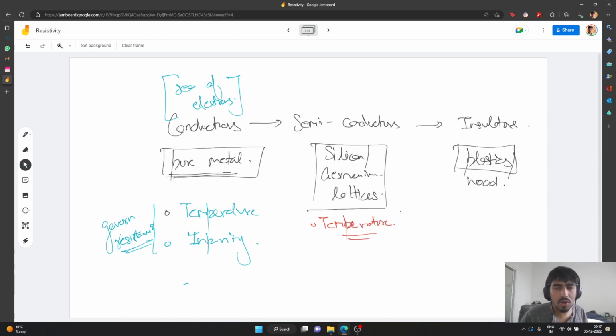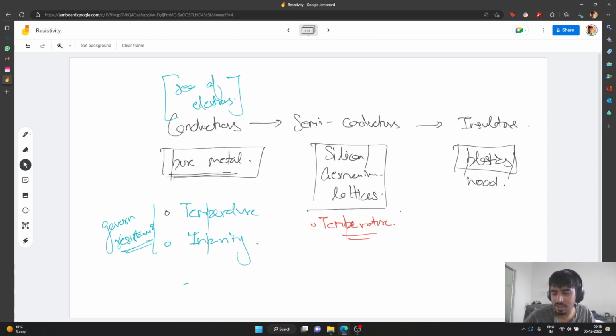So you need to think about the component that you're dealing with. You can imagine that semiconductors are less like an ohmic component than a conductor is. And in insulators, they mostly don't do anything with temperature. They just have a high resistance throughout, much higher than semiconductors or conductors, right?